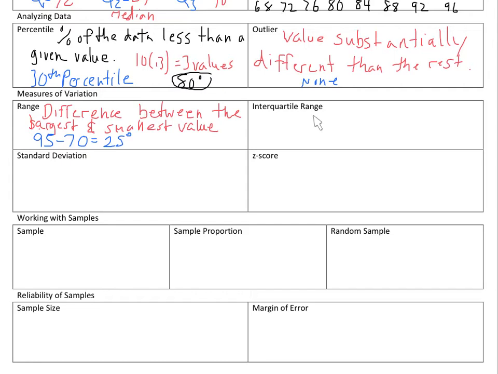If I want to find my interquartile range, I look at the quartiles and find the range of the quartiles. Now to get the range of the quartiles, you have to understand quartile 2 is in the middle. So I want the difference between quartile 3, which is the biggest, and quartile 1.